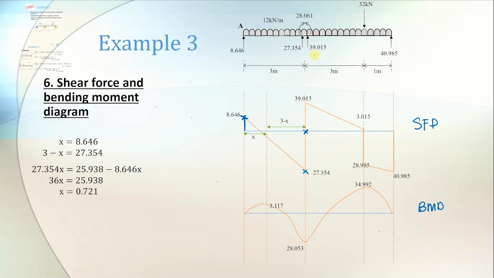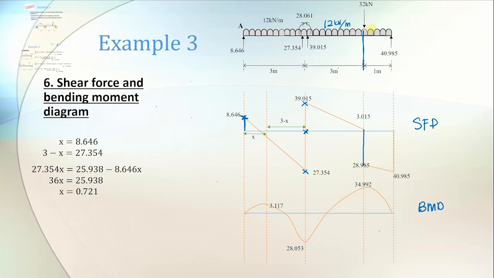Going up, you see there's RB2 which is 39.015, so mark here, and there's a UDL next for 3 meter, because we must stop here since you have a point load above. The value is the same, 12 kN per meter, the same UDL. So 39.015 minus 36, then you get 3.015, minus 32 because you have a point load going down, so negative 28.985.